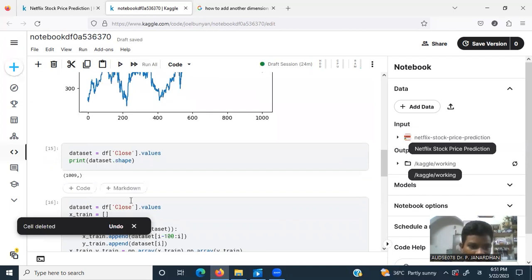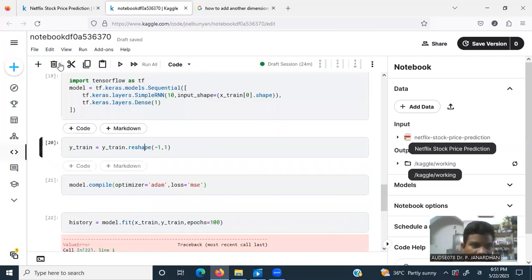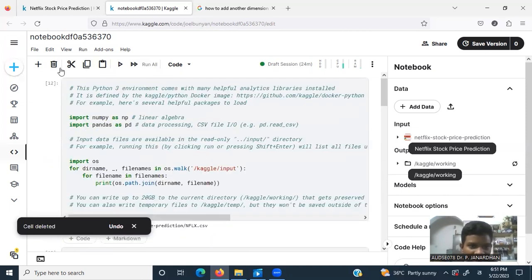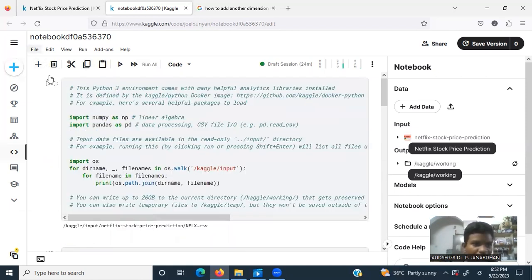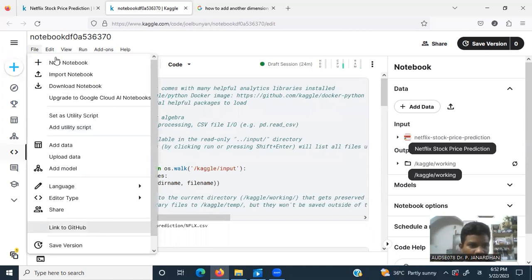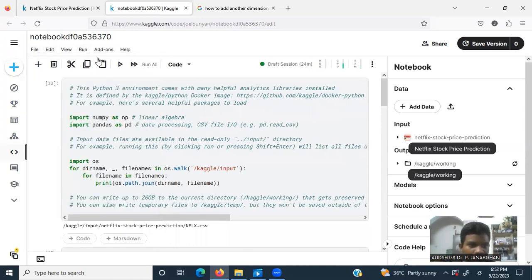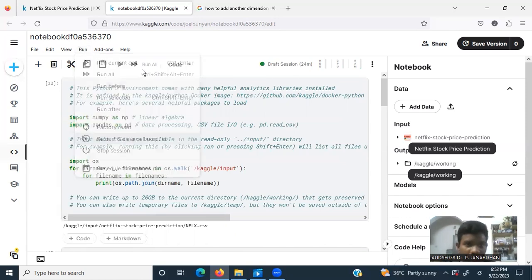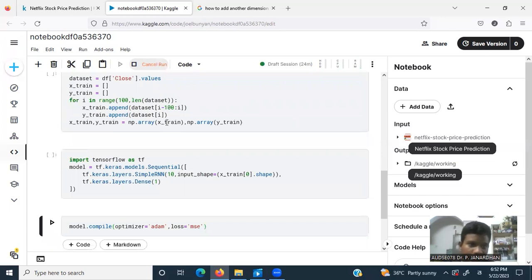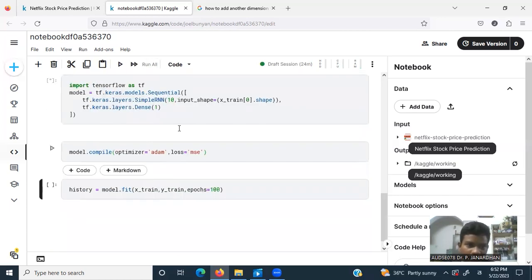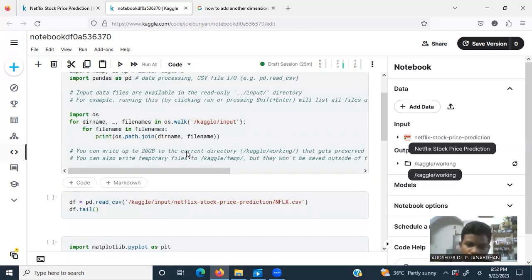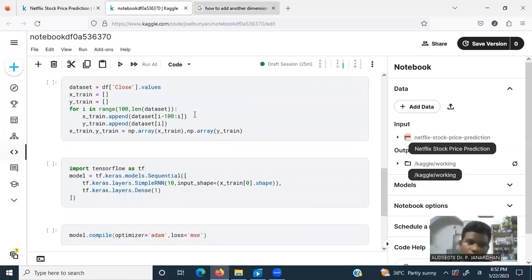Let's remove that. That seems not to work. I'll try it again one last time. I'm going to restart and clear all the outputs. Let's try it for the last time. Hopefully, it should work.